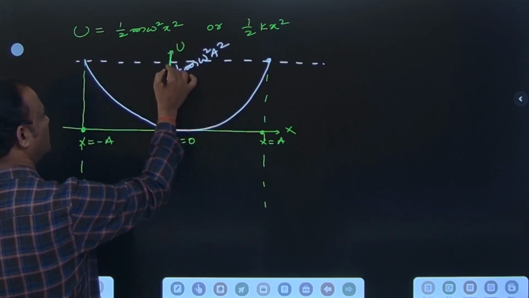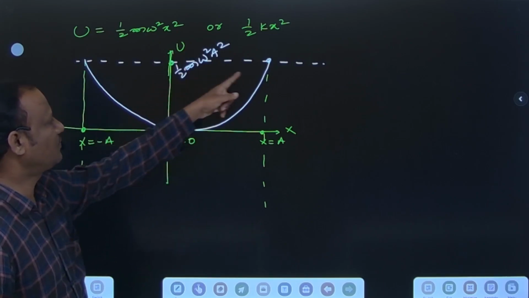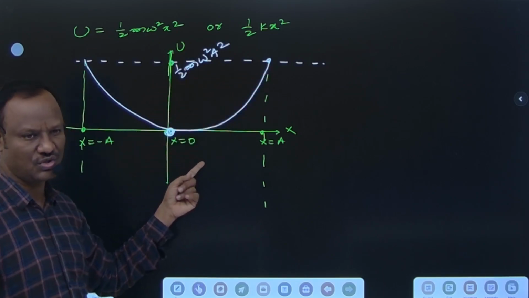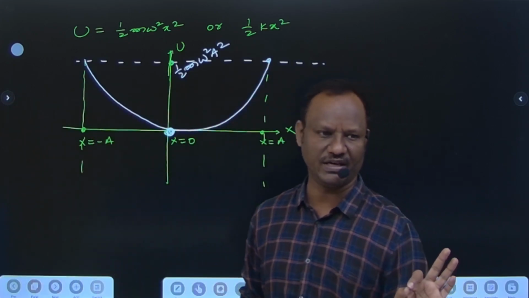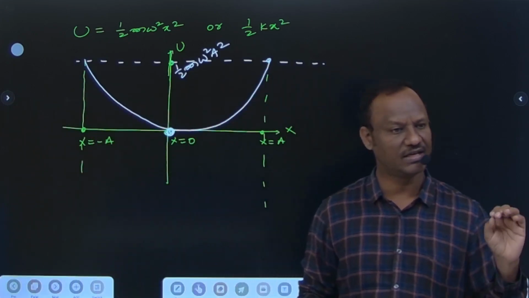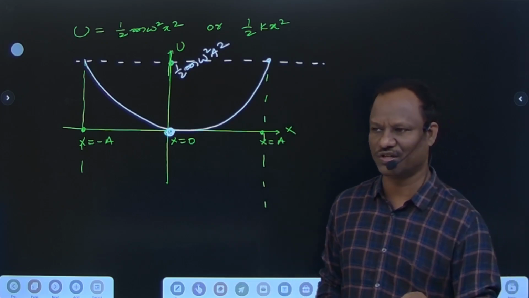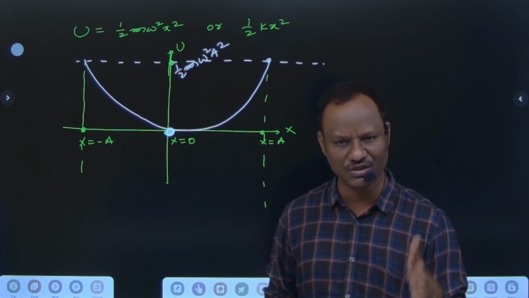Potential energy is half k x square: half k a square at the extreme position, and half k 0 square at the mean position.